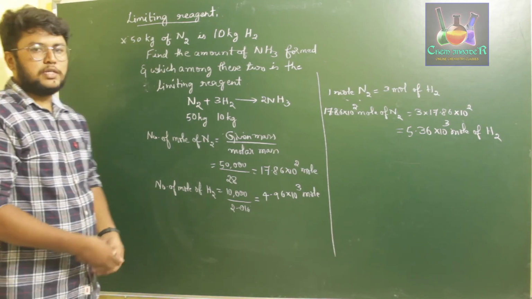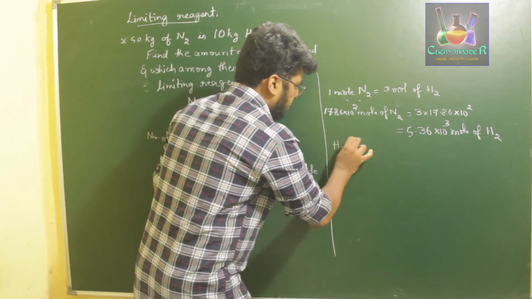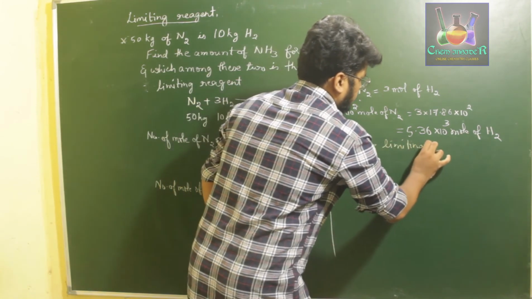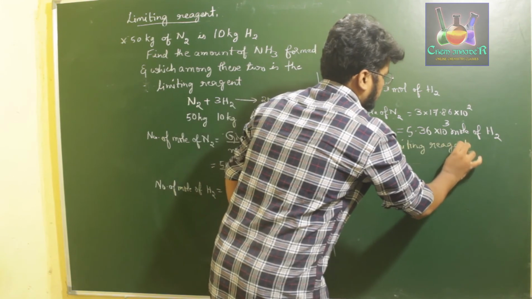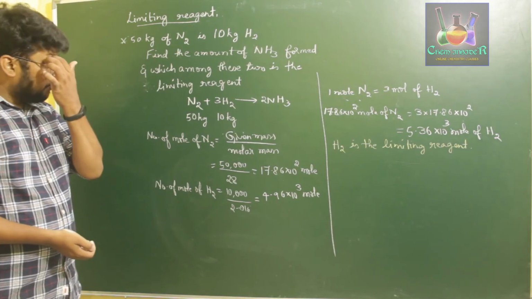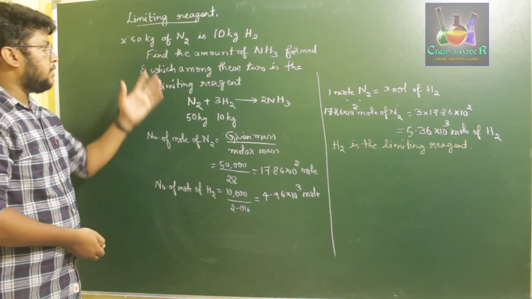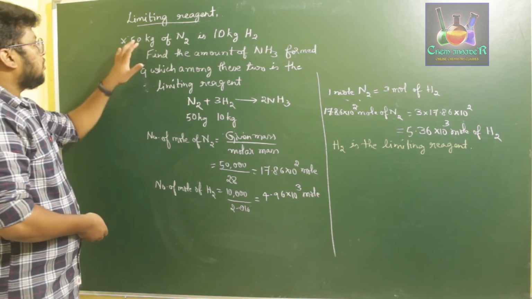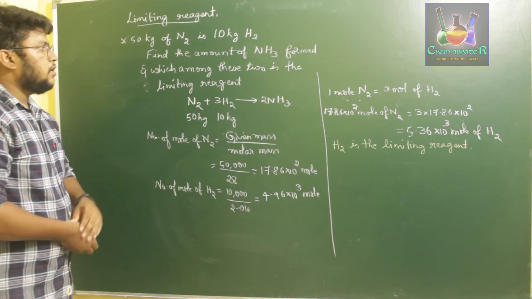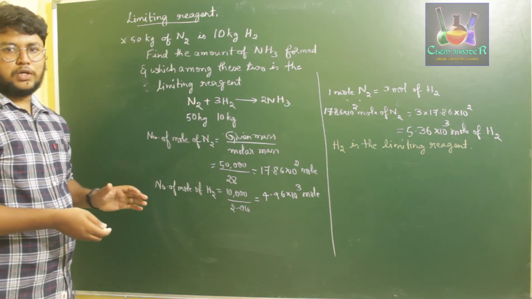Okay, so hydrogen is the limiting reagent. So let us write it down. Hydrogen is the limiting reagent. Next we have to find out the amount of ammonia formed by this reaction. Instead of taking either of these two, we have to consider the limiting reagent, because only the limiting quantity can be used for complete conversion.